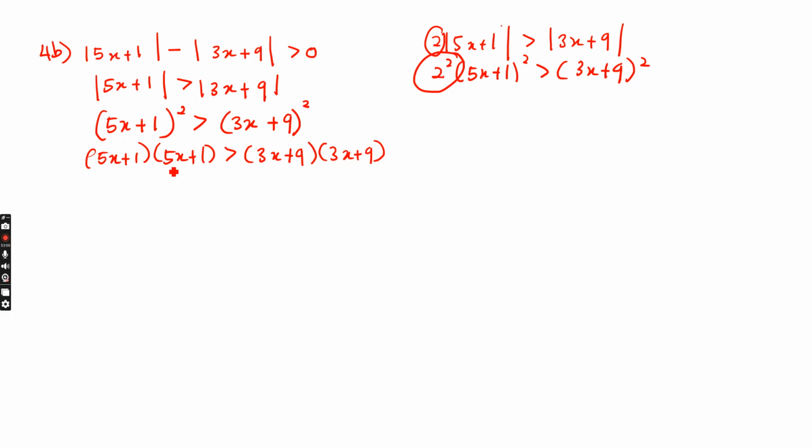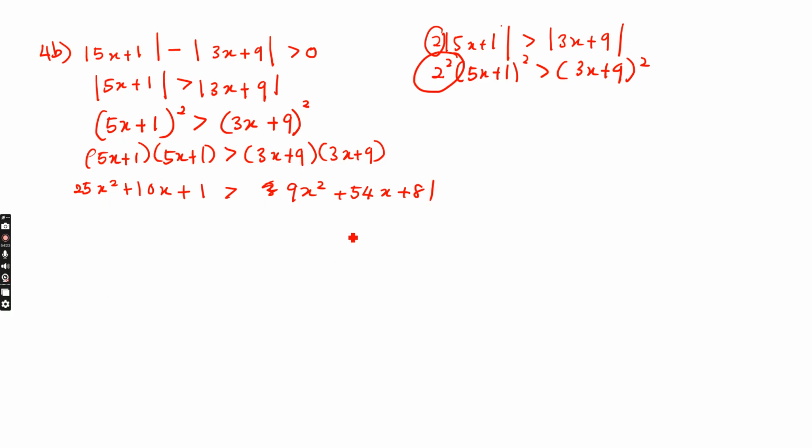So expand this one by one, you're going to get 25x squared plus 10x plus 1 greater than 9x squared plus 54x plus 81.